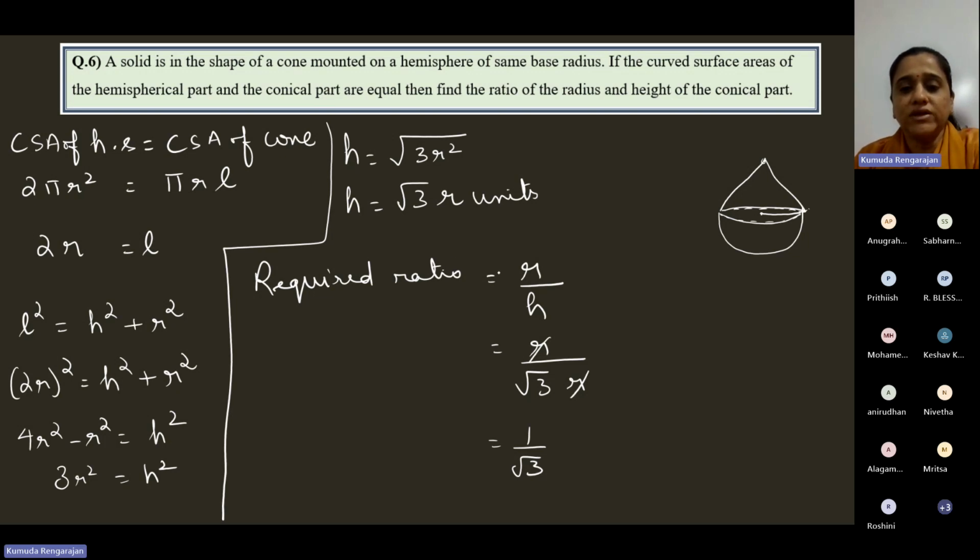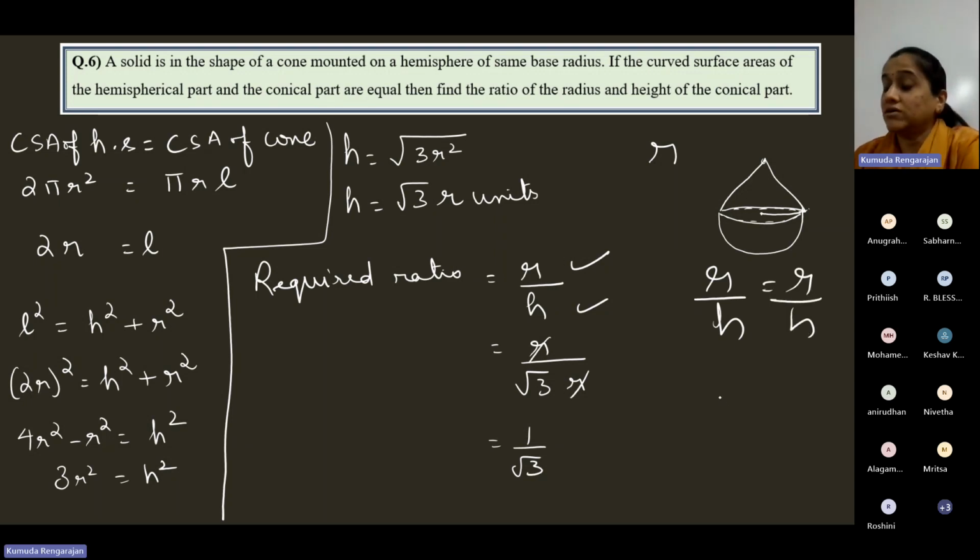We have to find the ratio of the radius to the height of the conical part. To find the ratio radius by height, you should find the height also in terms of r. Radius is r, height is h.